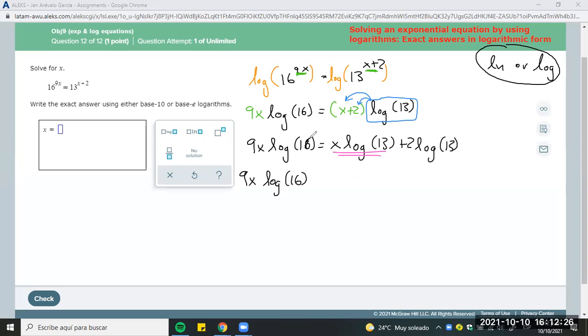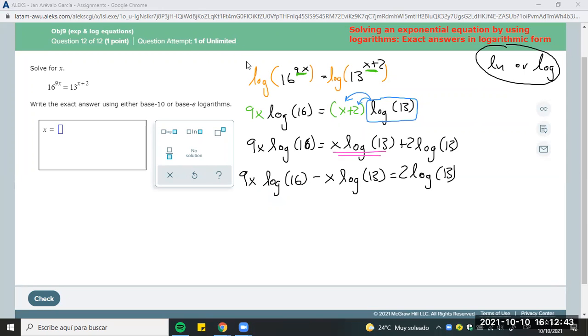This is a 16. Okay, this will be negative x times logarithm base 10 of 13 equals 2 times the logarithm of 13.